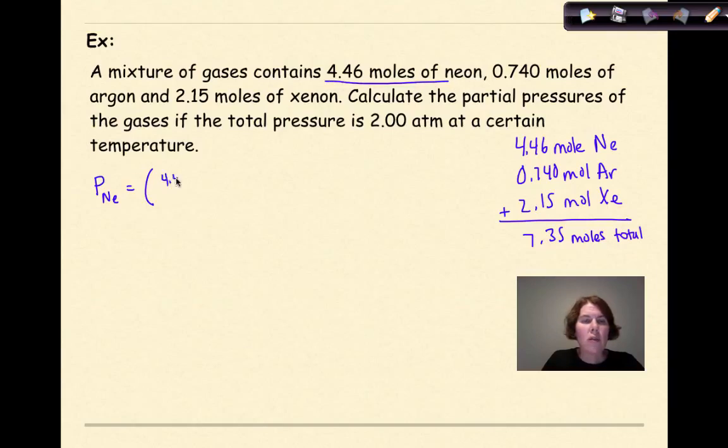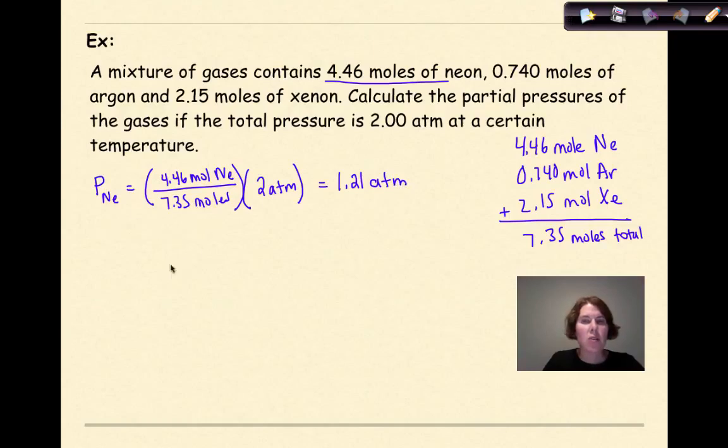So 4.46 moles of neon over the total moles, which I calculated over here, which is 7.35 moles total, times the total pressure, which is 2 atmospheres. So if I do 4.46 divided by 7.35 times 2, I will get a partial pressure of 1.21 atmospheres. That's the partial pressure for neon.